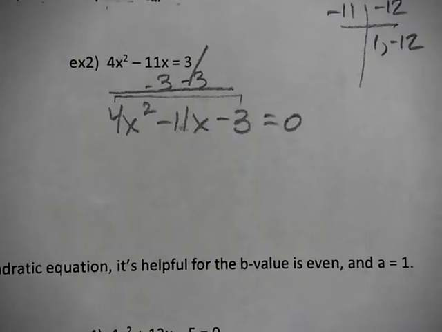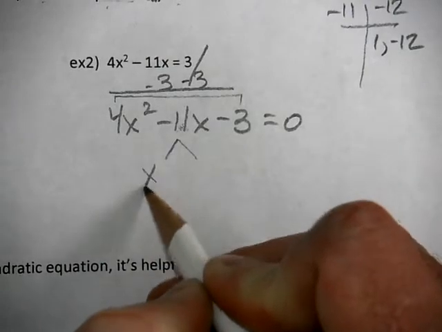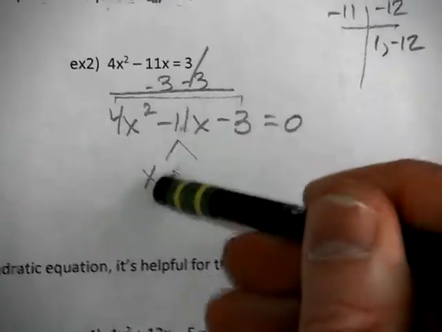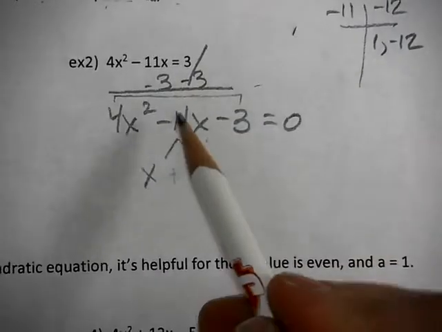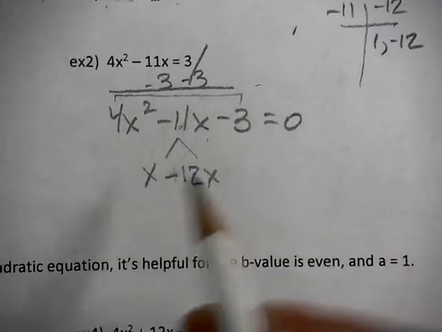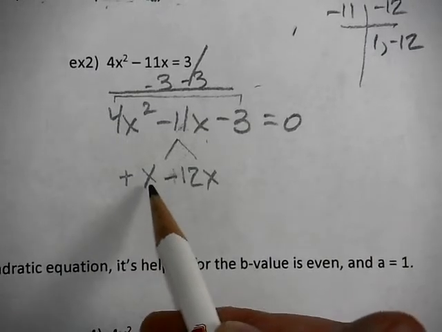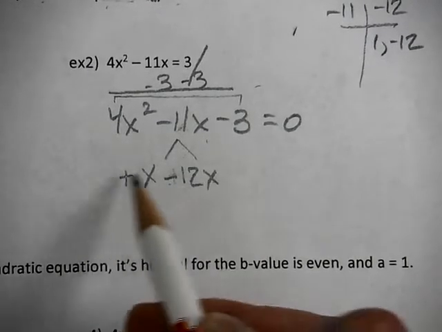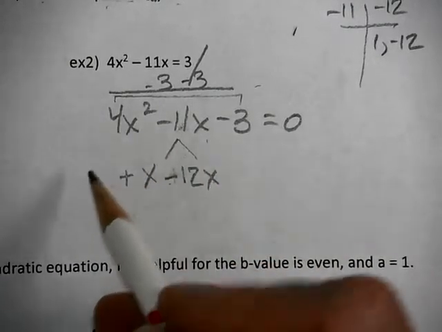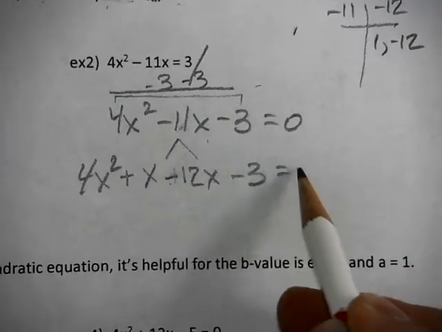So we're going to put that 1 and negative 12 and that's going to replace our negative 11. 1x, which is a positive 1x, minus 12x's, that gives us this middle term. Then we bring down the 4x squared and the minus 3.